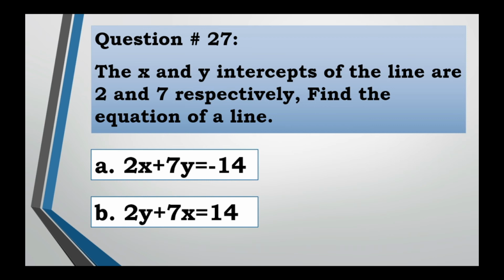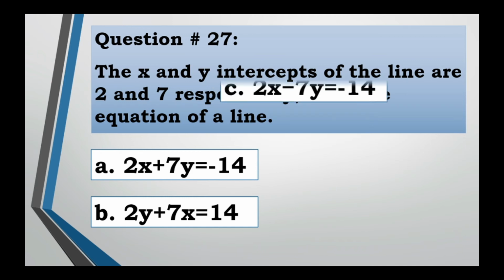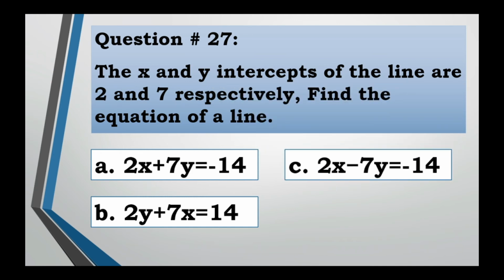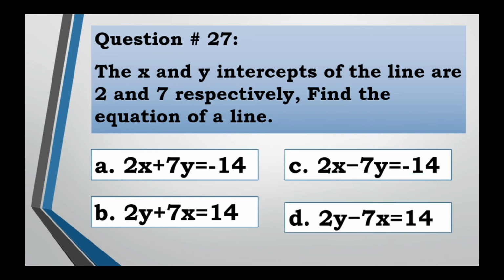Letter B, 2y plus 7x equals 14. Letter C, 2x minus 7y equals -14. Or letter D, 2y minus 7x equals 14.